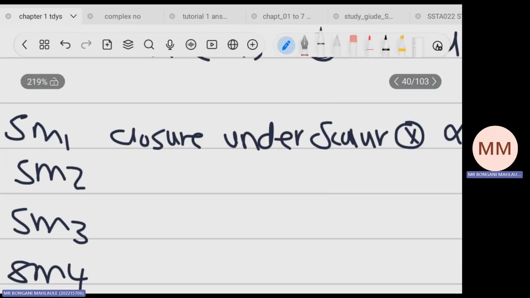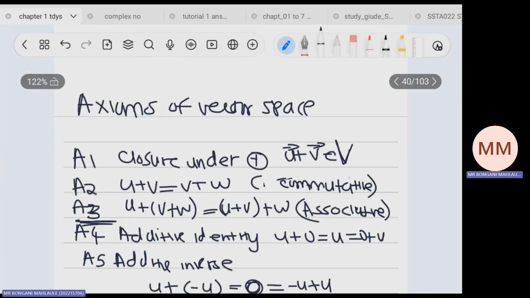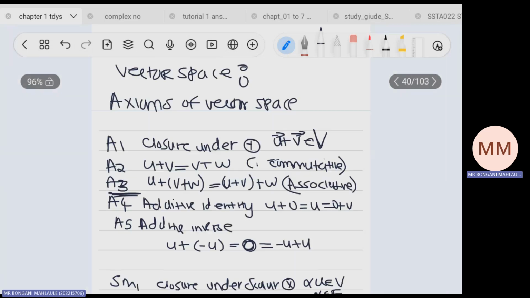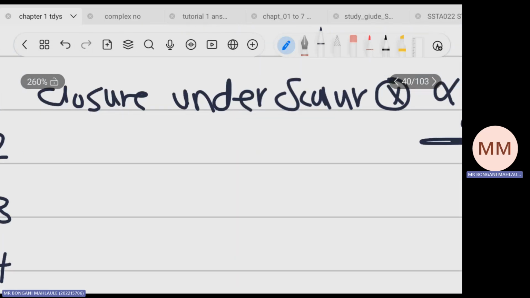And then we also have what? Actually, it will already be specified in the definition when you define what a vector space is. Remember, the axioms are also part of your definition, worth 10 marks.